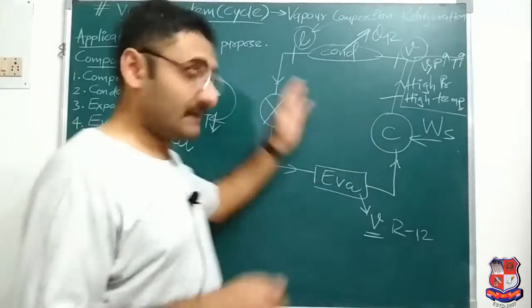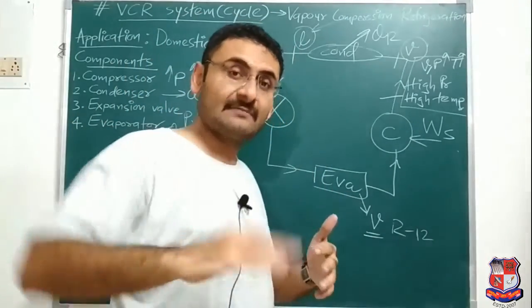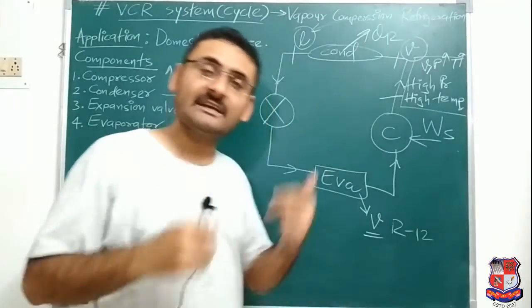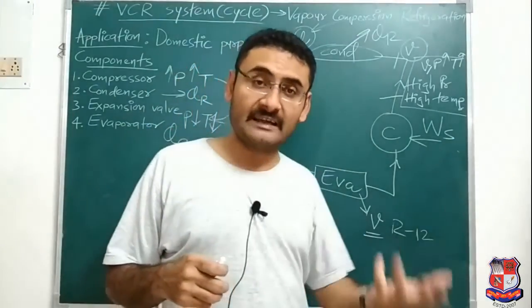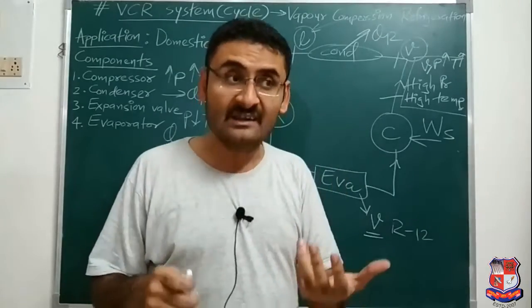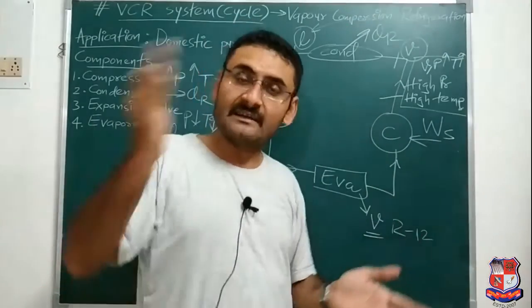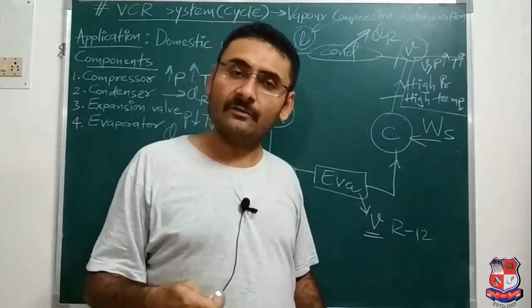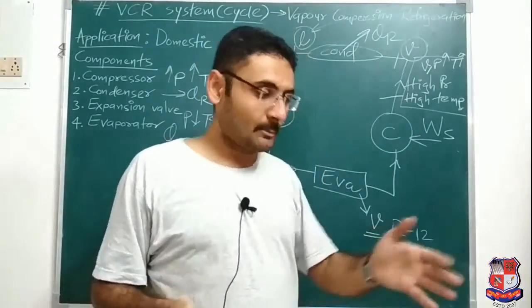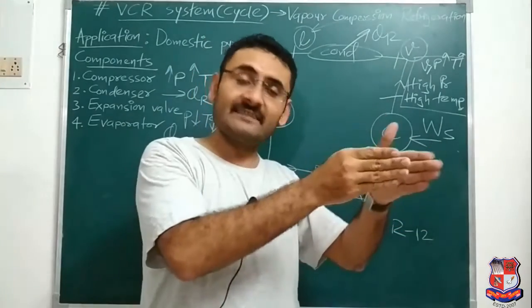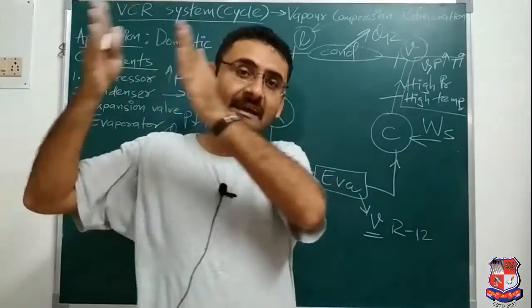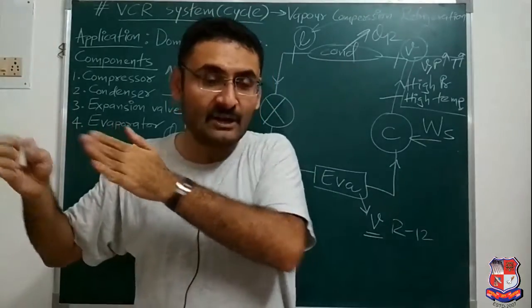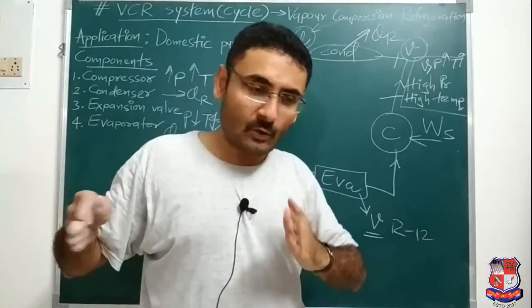Now another heat is also there, which is known as sensible heat or specific heat. Now specific heat means what? Again it is an amount of heat, but that amount of heat is not required to change the phase of the substance; it is required to simply increase the temperature of a unit mass by 1 degree centigrade. Suppose you have water at 27 degrees centigrade, and you want to increase its temperature up to 30 degrees centigrade, so you supply some amount of heat.